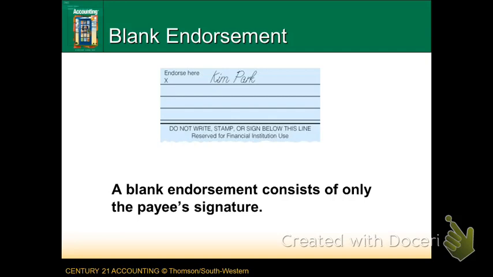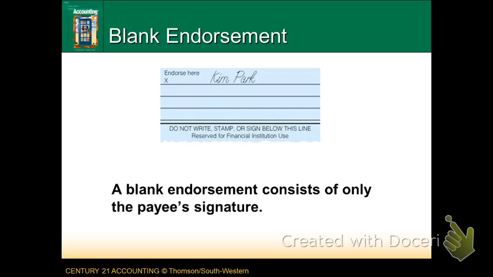But a blank endorsement is really an endorsement that you don't want to sign until you get to the bank, or just before you upload your check on your smartphone, because you can now deposit checks with your smartphone by taking a picture of it. But you do not want to endorse it ahead of time, just in case you were to lose the check.